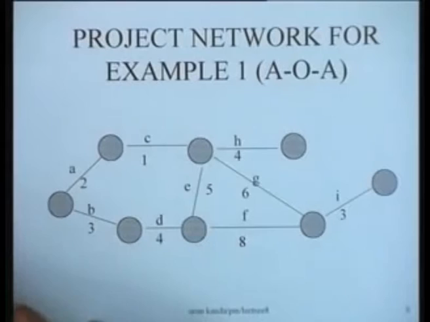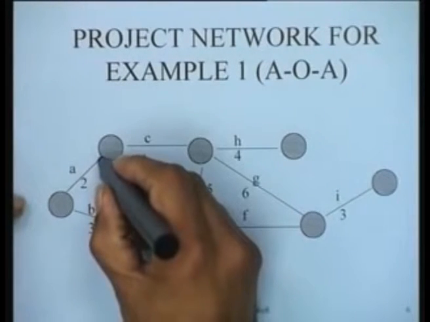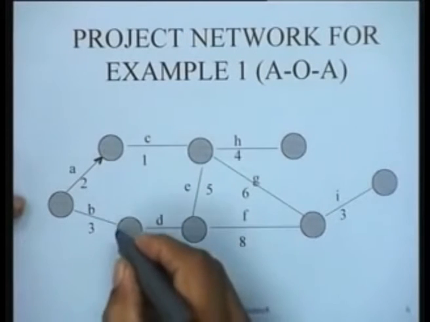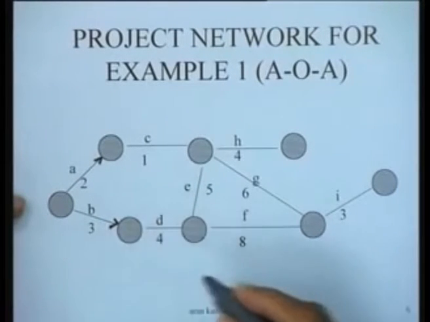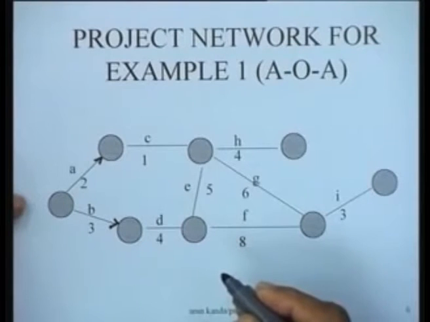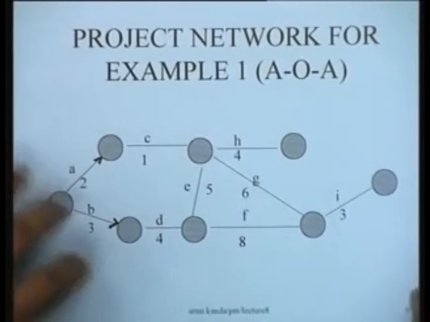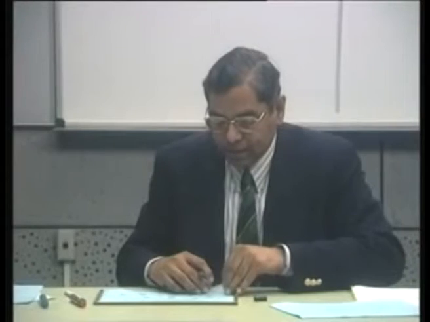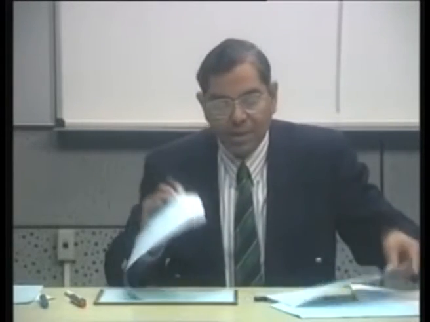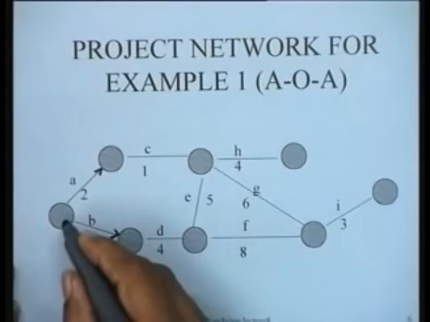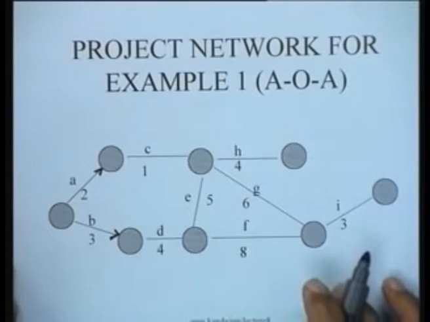You notice in this particular diagram that the activities are shown here. This is activity A, activity B. If you look at the precedence relationships of the jobs, A and B had no predecessors, so they are starting from a source node.